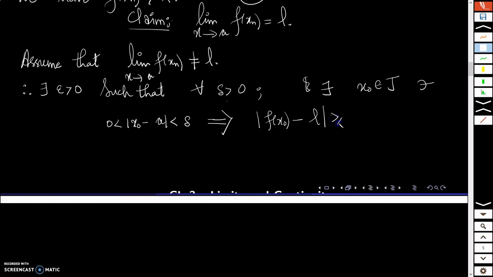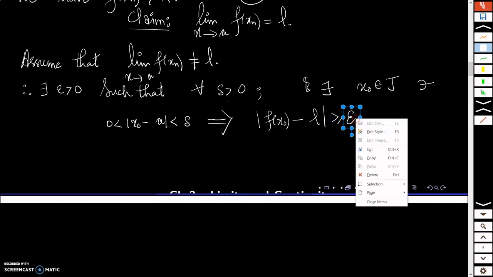And if it is not less than epsilon, that means it must be greater than or equal to epsilon.